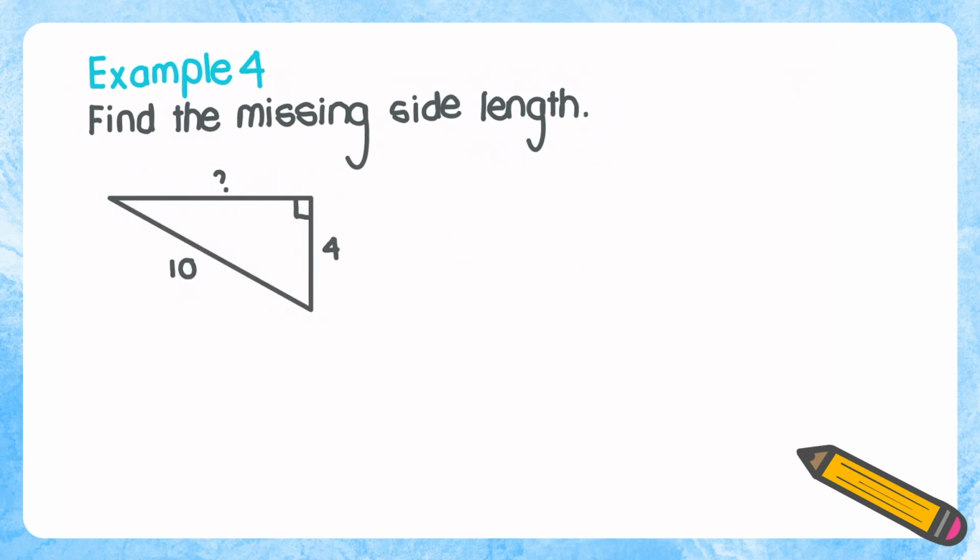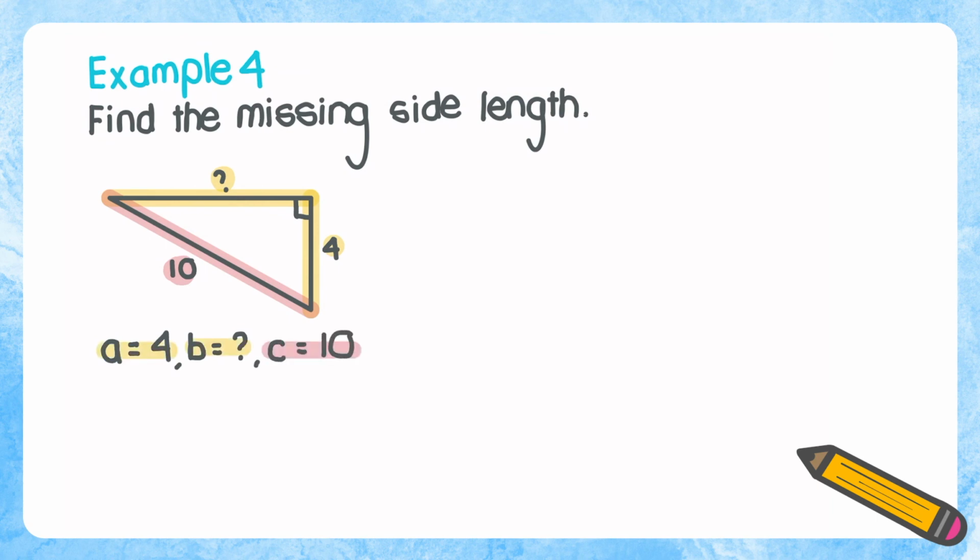Let's look at one more example together. Here we have, let's make this one a, and let's make this one b. So we have a equals 4, but b, the other leg, is unknown. And the hypotenuse length is 10, so c equals 10.